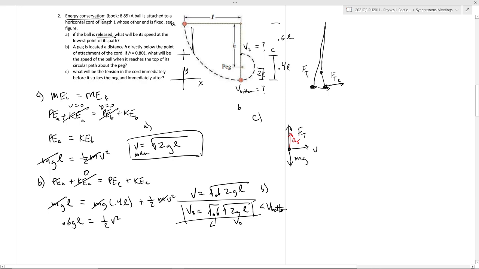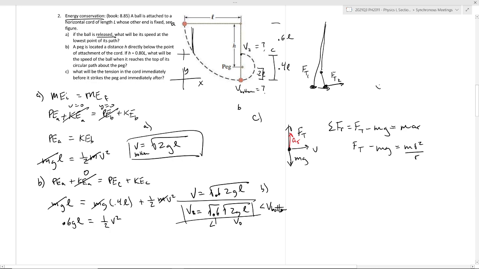And so when we sum the forces in R, what do we have? We have the tension pointed up minus the weight is going to equal the mass times the centripetal acceleration. The tension minus the weight is going to equal mv squared over r.